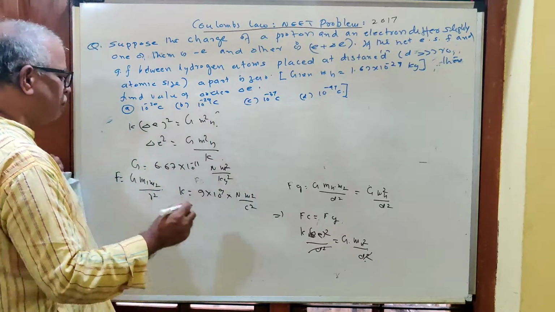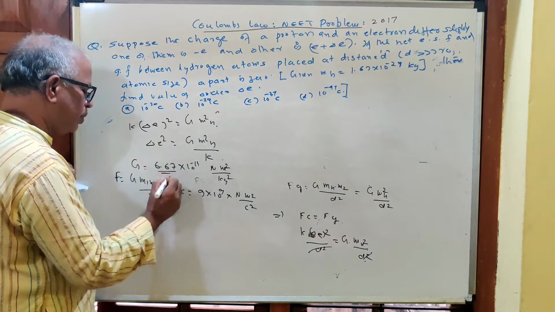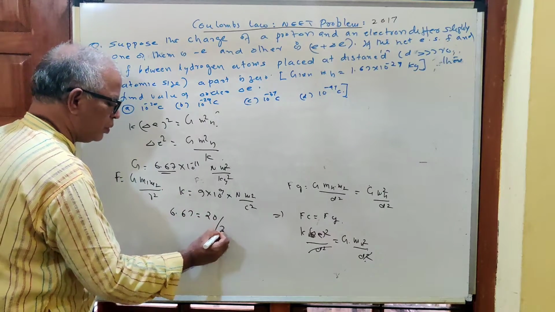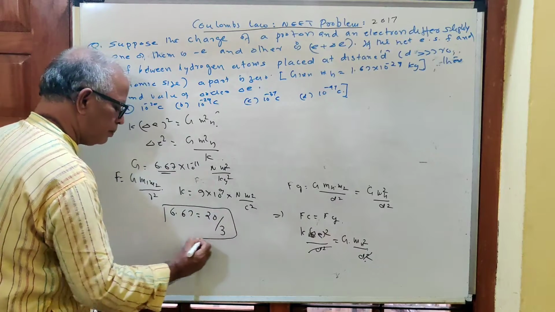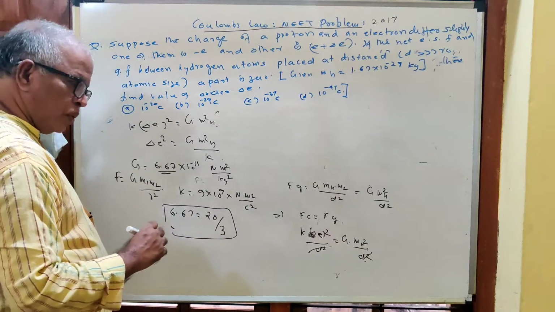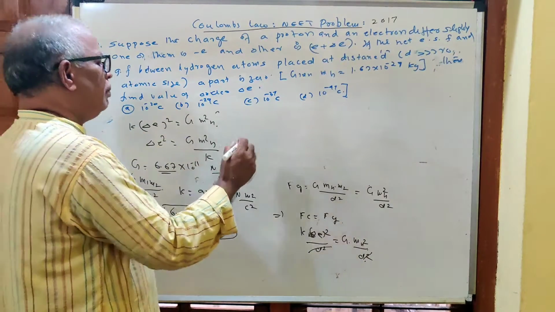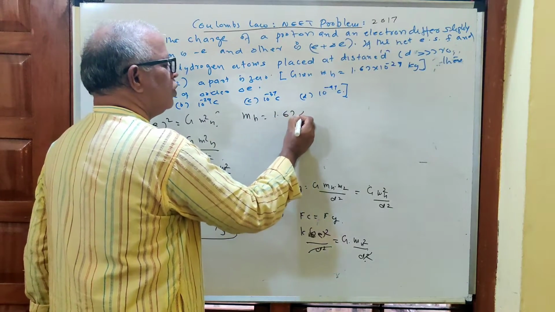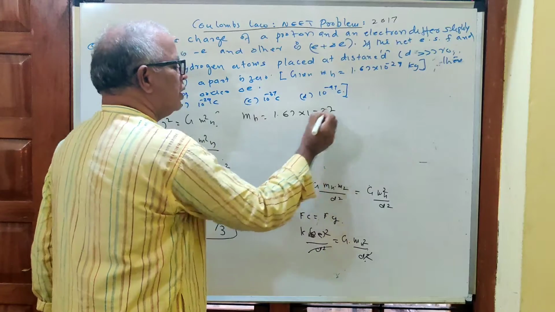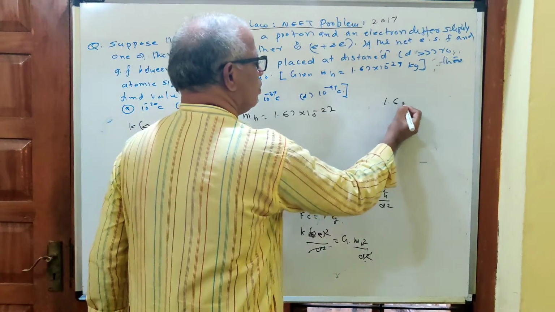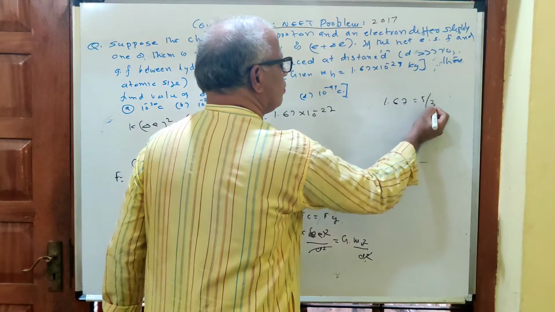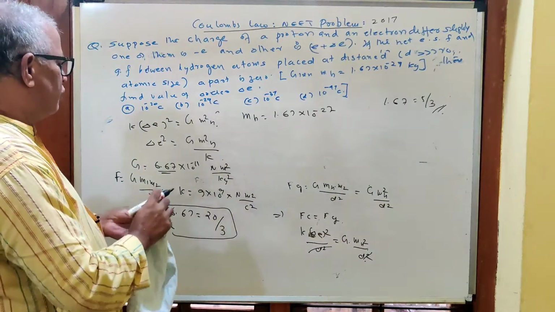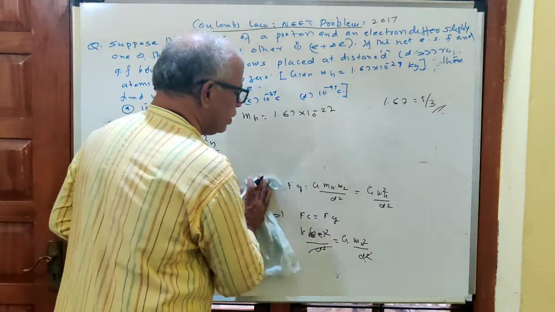So remember the point here: 6.67 is approximately 20 by 3. It's very easy to do it. Now mh is 1.67 into 10 to the power minus 27. Again 1.67 is equal to 5 by 3. So we put the values there.